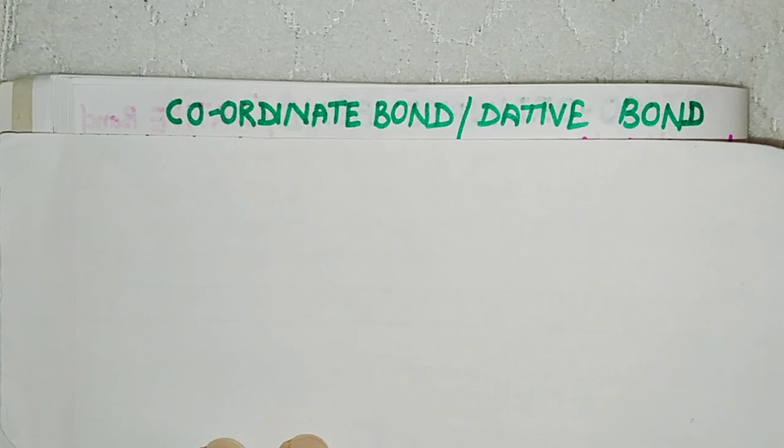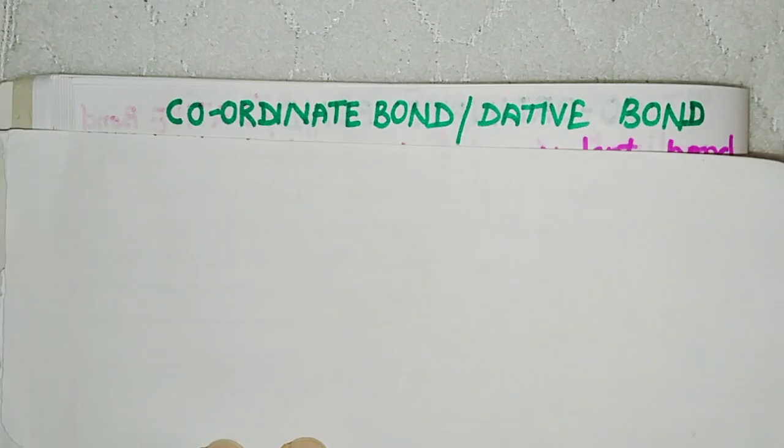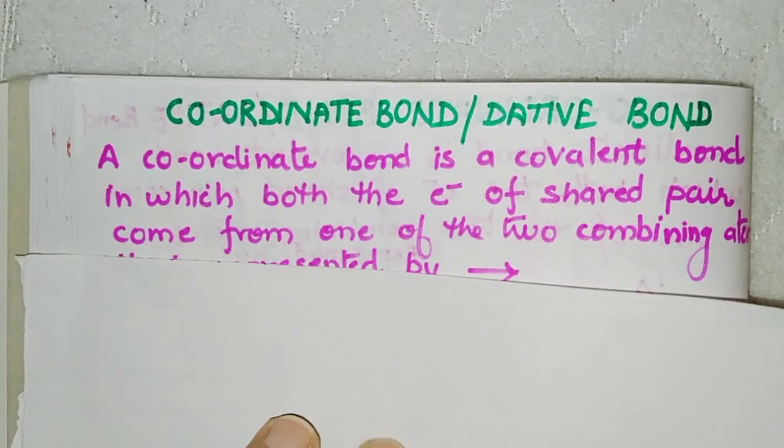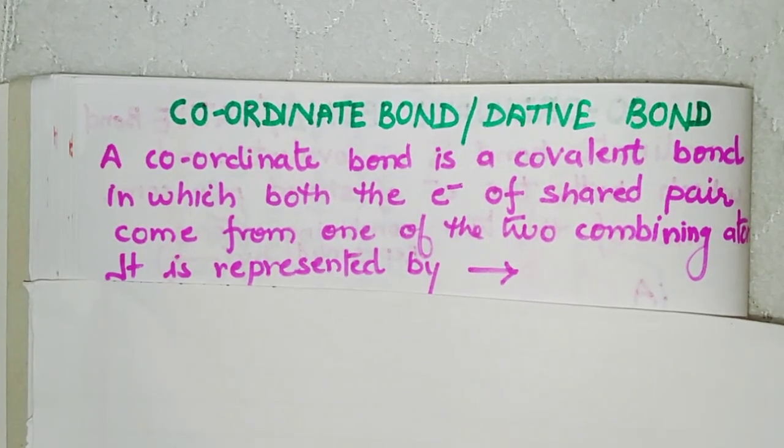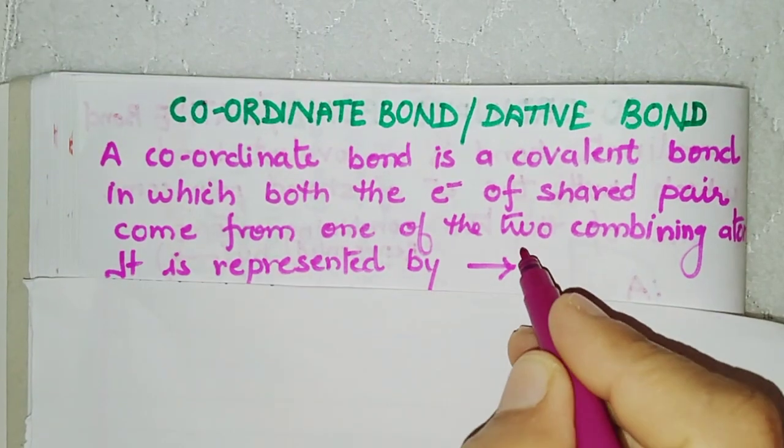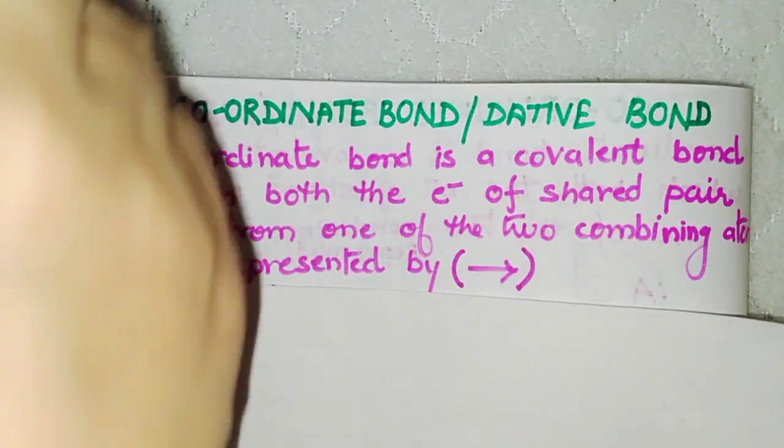Sometimes it is also called a coordinate covalent bond, and it is also known as a dative bond. It is represented by an arrow.